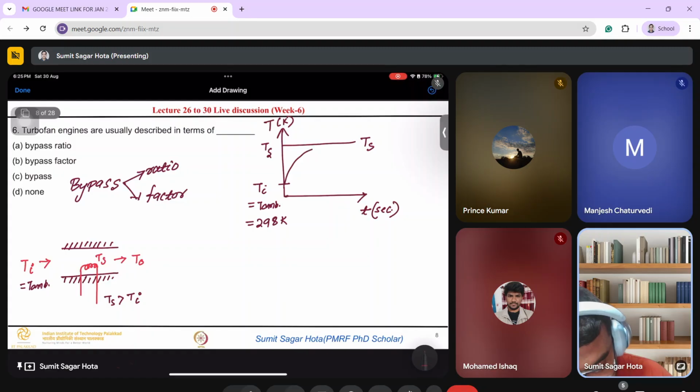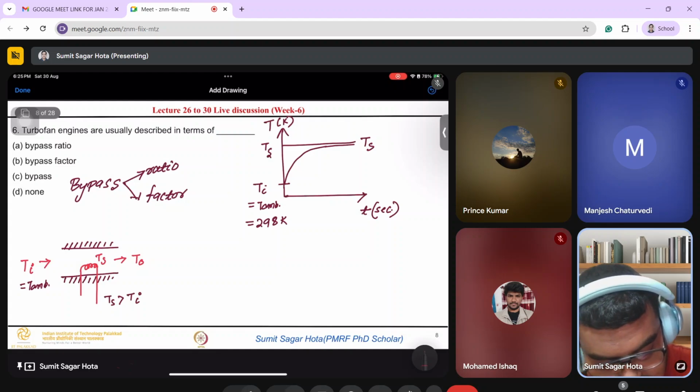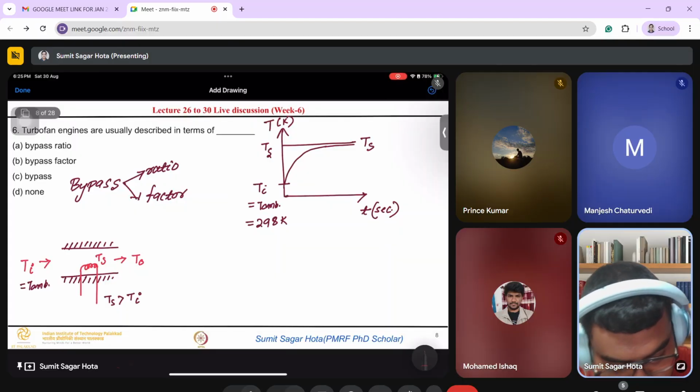The graph can look like this. You can put directions also.